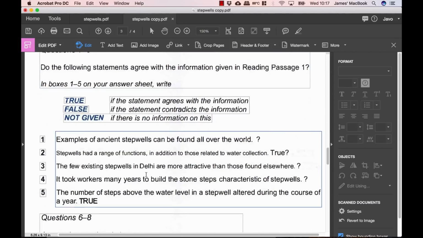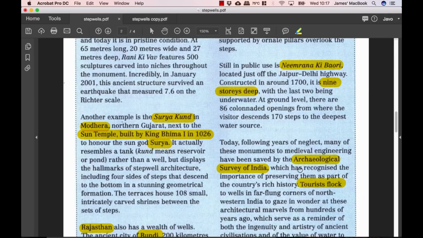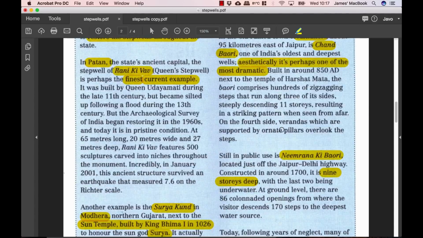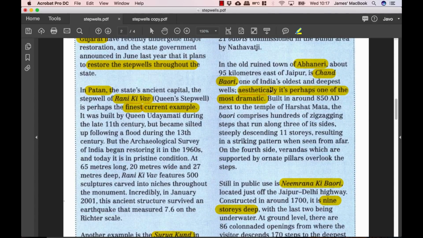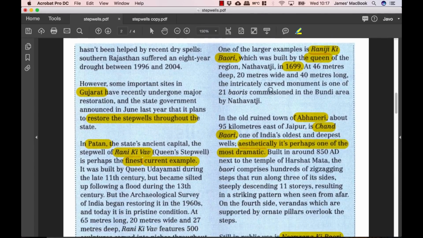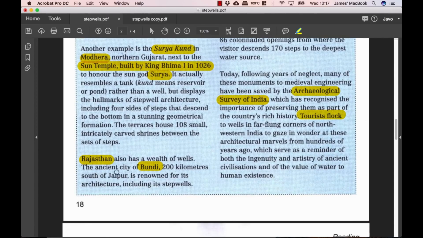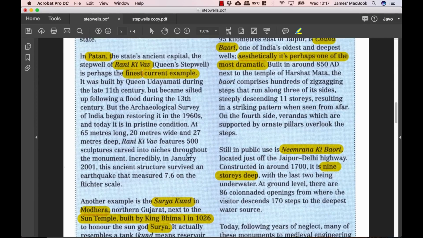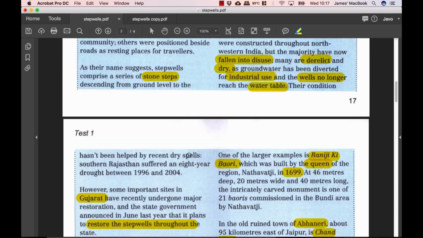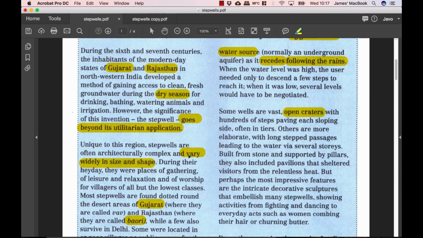Okay. A few existing stepwells in Delhi are more attractive than those found elsewhere. I just thought I saw something, aesthetically the most dramatic, and that's in Rajasthan. But can we find the word Delhi?